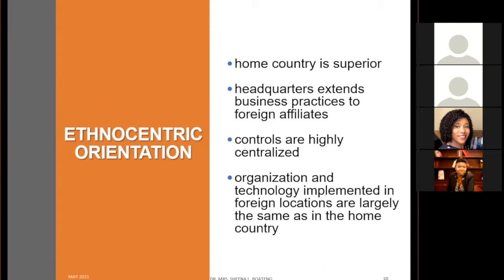Can that be compared to, or is that also ethnocentric orientation as well? Yes, it's ethnocentric. You see the first point, it says what? The home country is what? Superior. So wherever they are buying from, like you just mentioned, it has to be from the home country, which in this case is where? France. Okay.